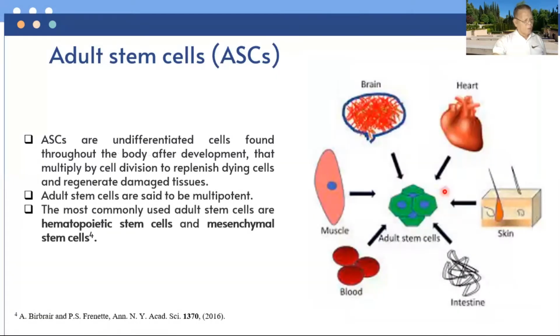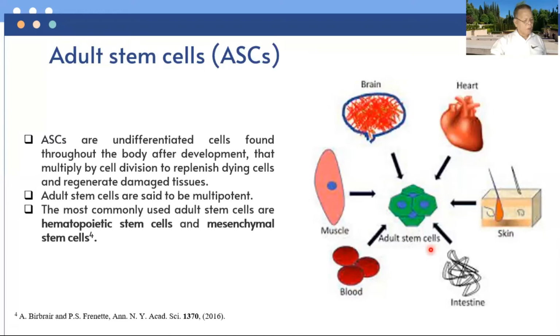The second type of stem cell are adult stem cell. Undifferentiated cells are found throughout the body after development that multiply by cell division to replenish dying cell and regenerate damaged tissue.